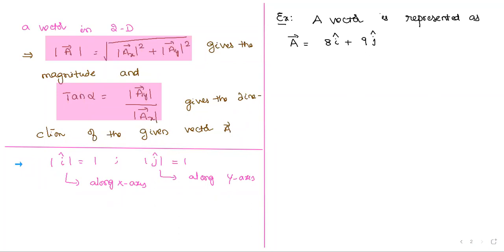Or else, for convenience to get the exact value, take it as 12 I cap plus 9 j cap. Now you will get a perfect root. Now the question is, find its magnitude.